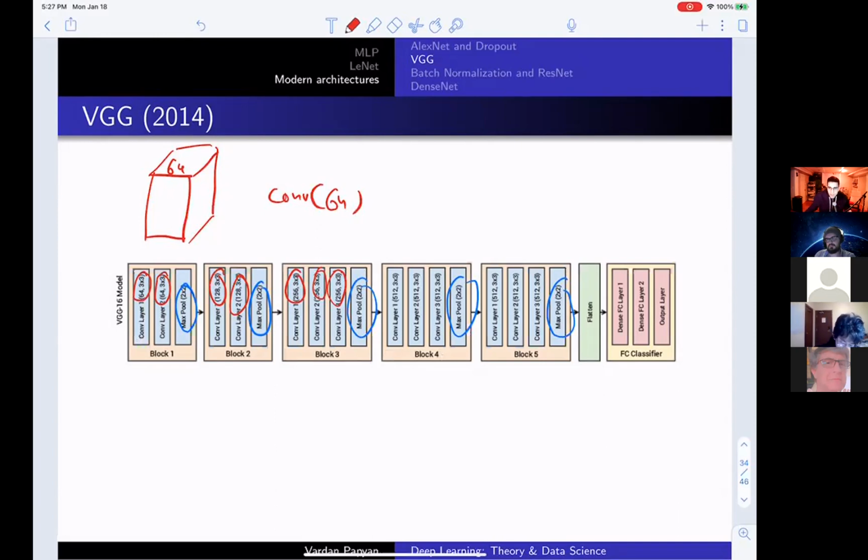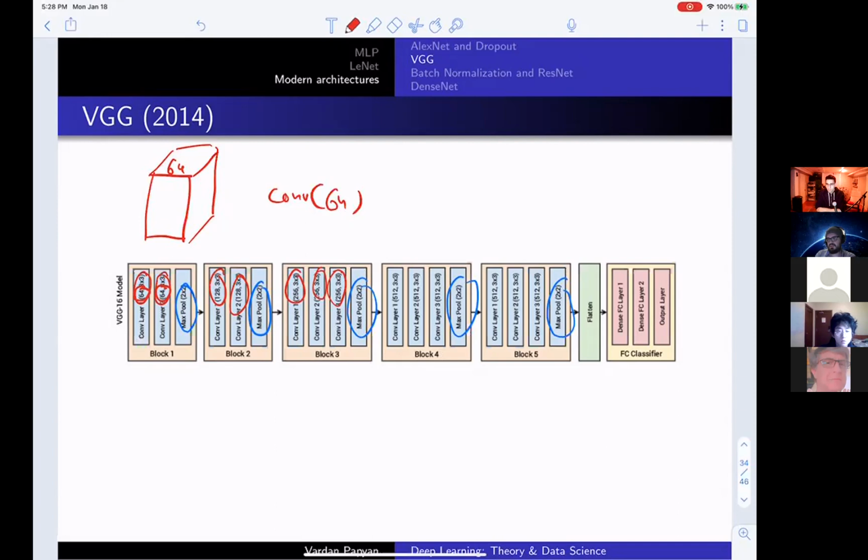Sorry, where do they list the thickness of the convolution? Oh, here you see 64. Isn't that the dimension of the matrix? Isn't that like one side length? I guess you cannot really tell based on this drawing, but I would say it's the number of filters in the convolution.